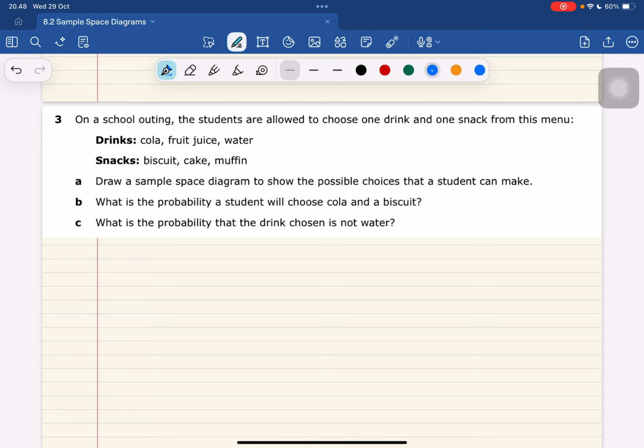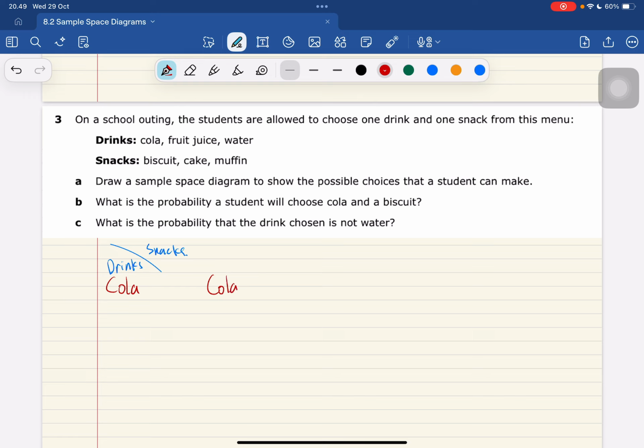So let us write it here: the drinks here and the snacks here. For the drink, first we got cola.